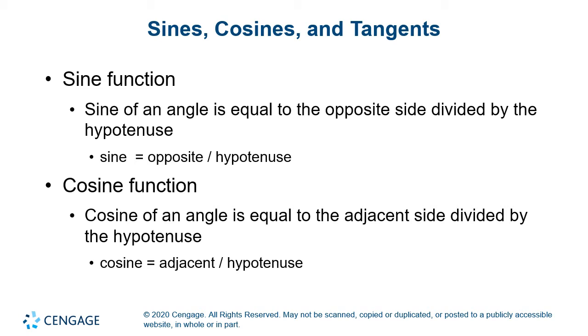Cosine, similarly, is defined as a function of an angle, which is going to be equal to the adjacent side divided by the hypotenuse. So it's similar to sine in that it's associated with the angle, but in this case it's the side adjacent to it, or next to the angle, and again divided by the hypotenuse of a right triangle.